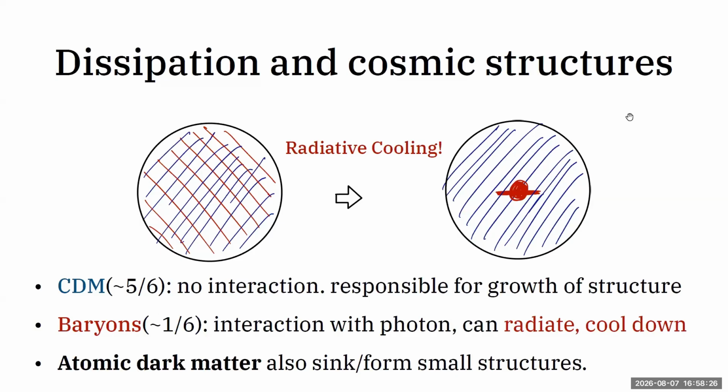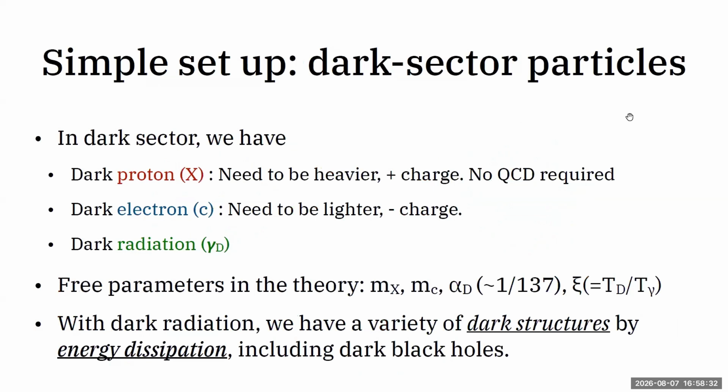CDM cannot collapse because it doesn't have a channel to dissipate energy. But if I have this structure, they can dissipate energy because they can radiate dark radiation, and then they can form a dark black hole. You need some additional ingredients to form a halo beyond what you just did.